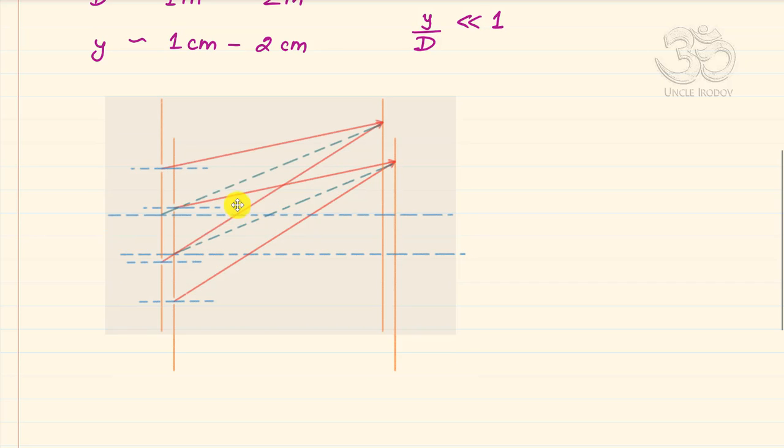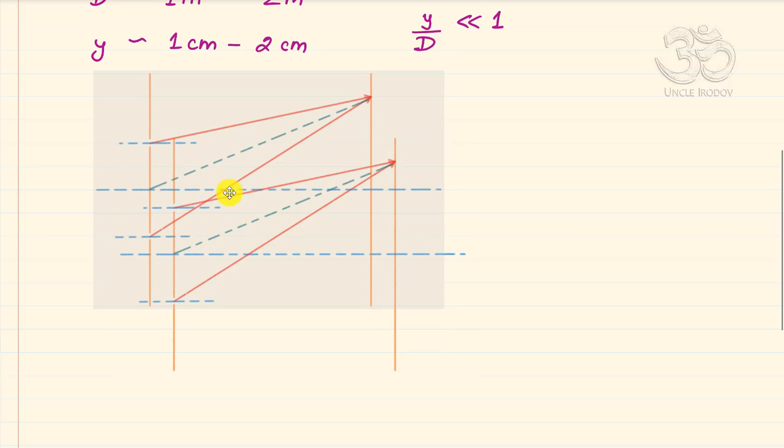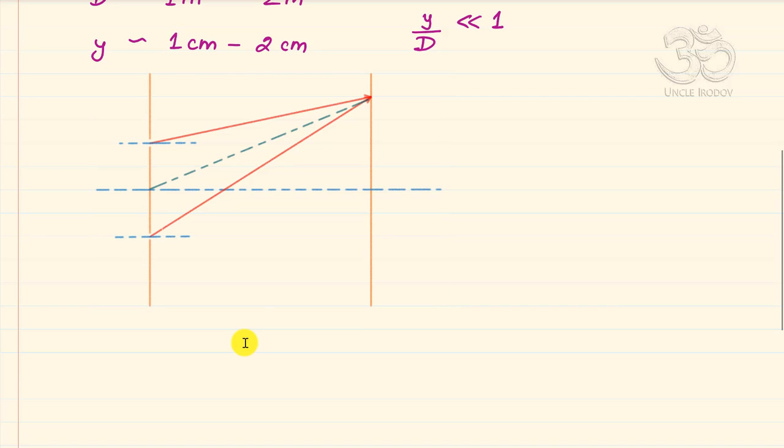So here is this apparatus again, and I know that the distance here is small d. Let me just mark out a few distances here. This distance will be y minus d by 2, because this entire distance is d, and half of that distance will be d by 2.